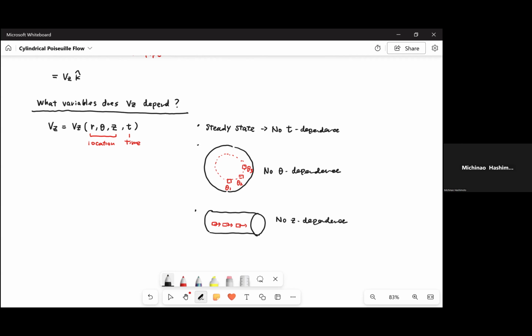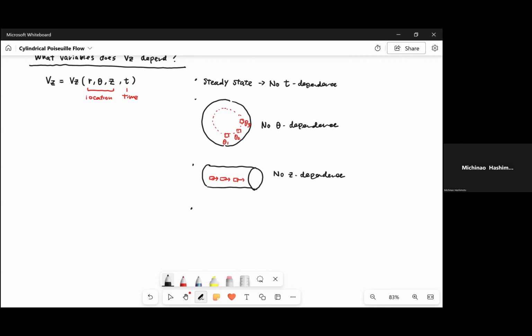Okay, and then lastly, what can you say here about the radial location? So this is a similar argument. If you are comparing, okay, this is the center of the pipe.